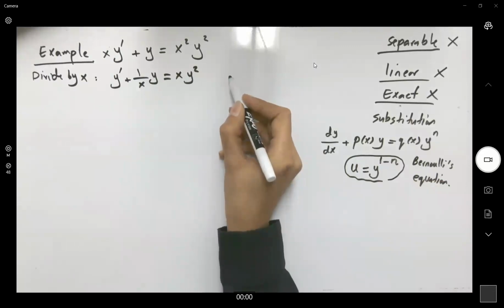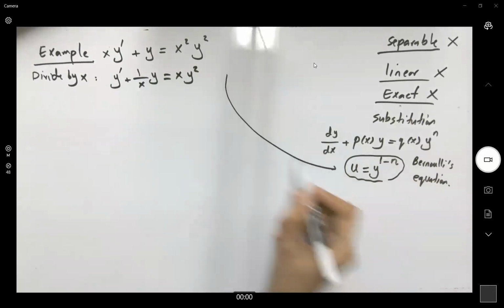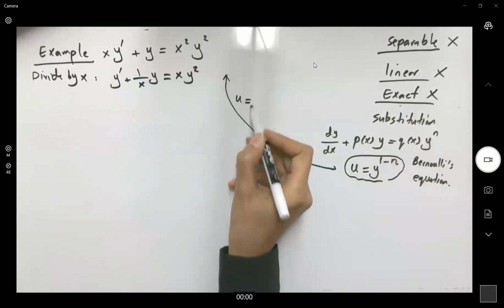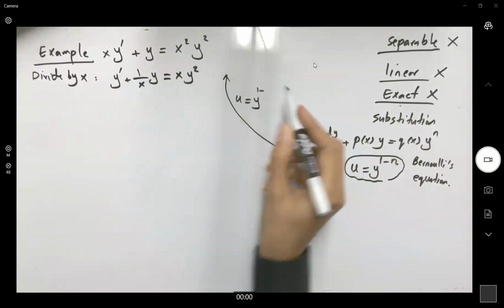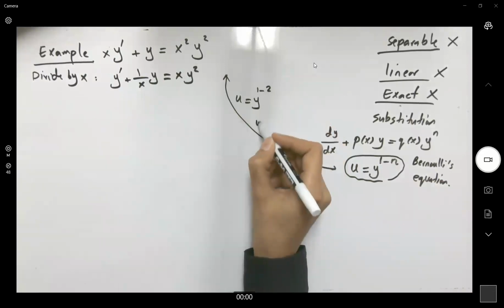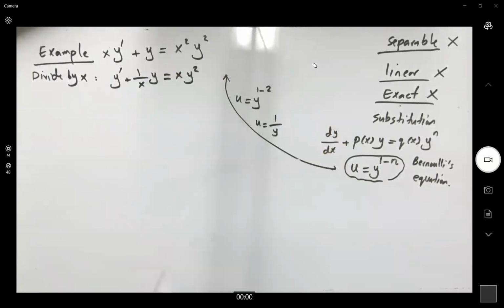So the substitution that we're going to use is u equals y to the power 1 minus 2. This is your u: 1 over y, or y to the power negative 1. What's the next step?